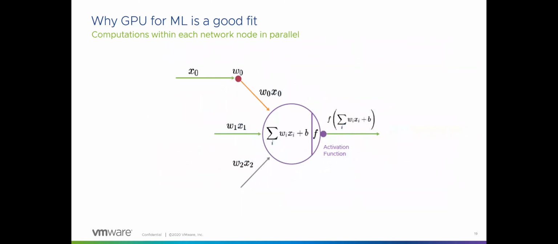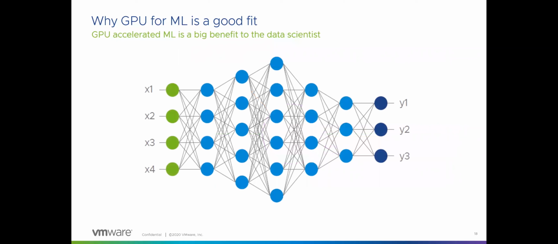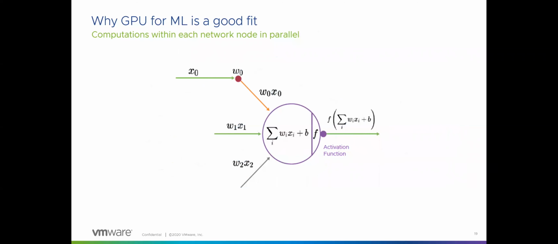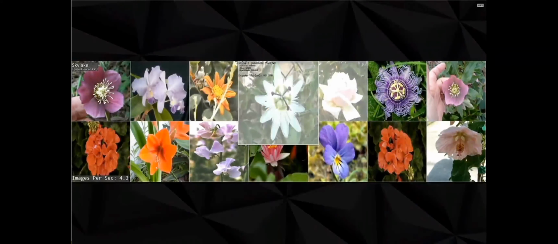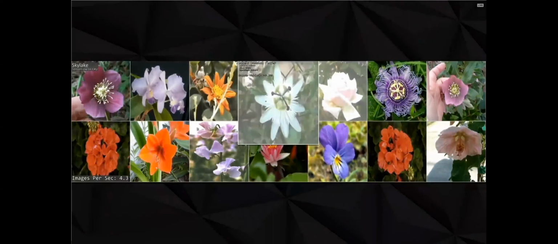And the activation function, the F, is giving it non-linearity in the neural network. In the end, you'll have output, and that same output is again used, hence the deep learning, as input, right? So this is a continuous cycle. So a lot of computations going on. And just to show you a better example of what that actually looks like, this is a TensorFlow, TensorRT image recognition workflow running on the Skylake CPU, right?